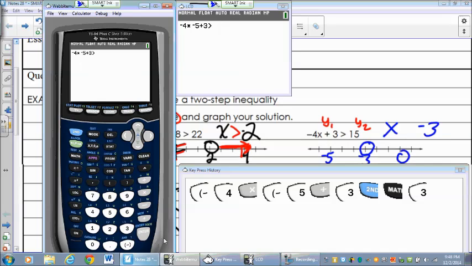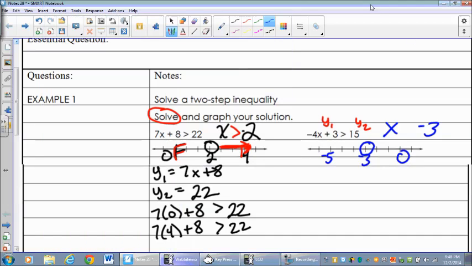Greater than is number 3, and it has to be greater than 15. All right, push enter, and I get a 1. That means the negative 5 is true.